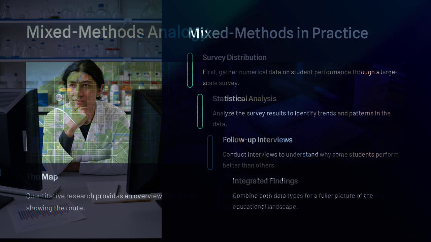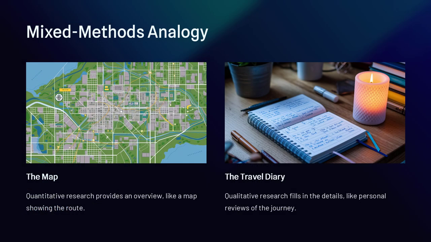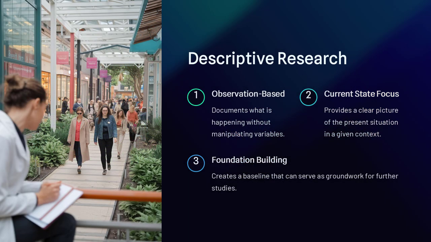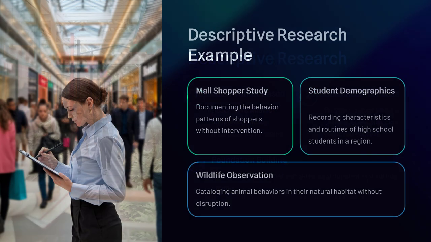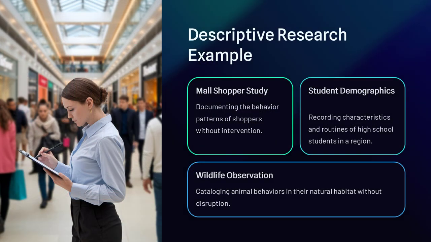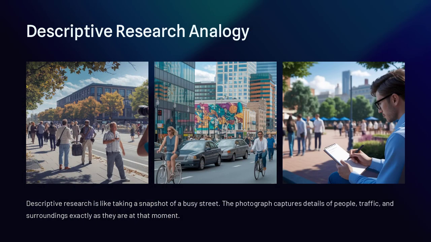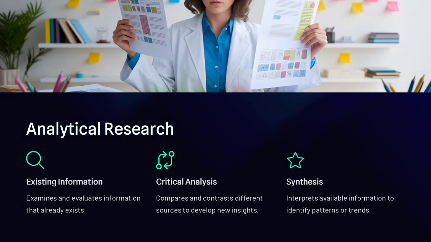In contrast, qualitative research is about understanding ideas, thoughts, or experiences that cannot be easily measured with numbers. Instead of counting responses, researchers conduct interviews, focus groups, or observations to gather detailed insights. For instance, if you want to learn how students feel about the transition to online learning, you might conduct open-ended interviews.